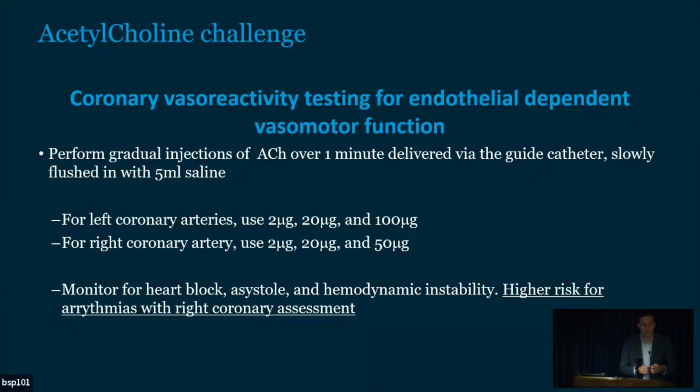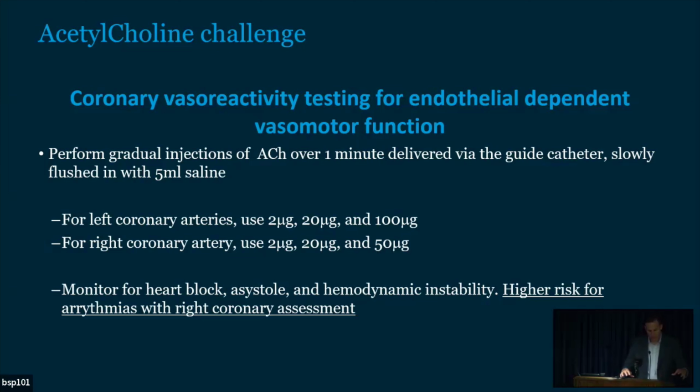So in order to understand that, the second part of the test that we do in the cath lab is we administer acetylcholine through the guide to see if there's any evidence of spasm. Typically, there should not. Typically, the vessel should dilate. But if there's evidence of spasm, and you could have spasm again of the big vessels or the small vessels, that would make the diagnosis of microvascular spasm or epicardial spasm.